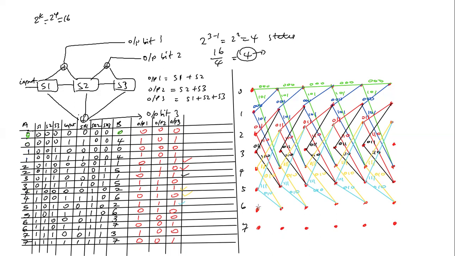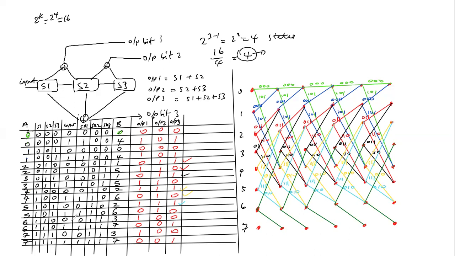So 6 to 3, 6 to 3, 6 to 3, 6 to 3. Then 6 to 7, 6 to 7, 6 to 7, 6 to 7, and 6 to 7. And then we can include the output bit.